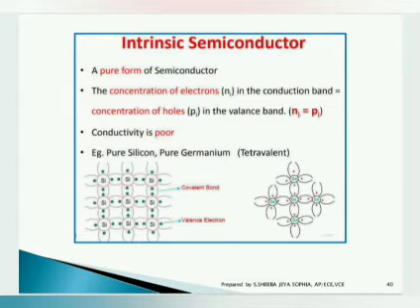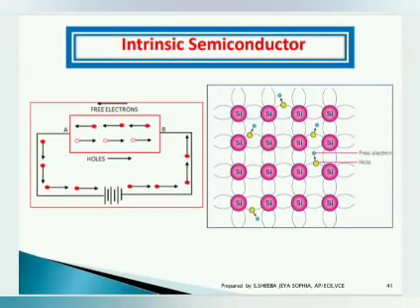You can see clearly in this diagram, the conductivity is very poor due to the pure form without any doping. This is the clear depiction of intrinsic semiconductor. You can see the free electrons and holes stand then and there without any changes.